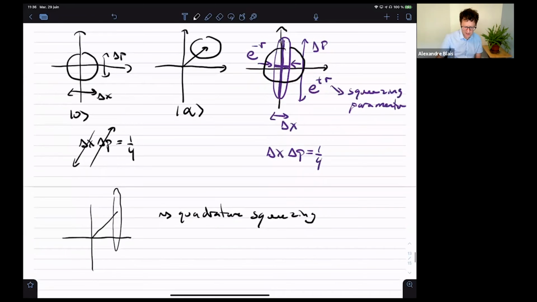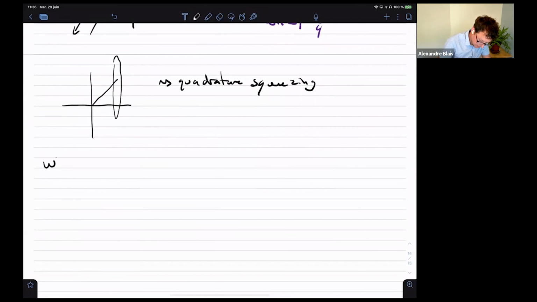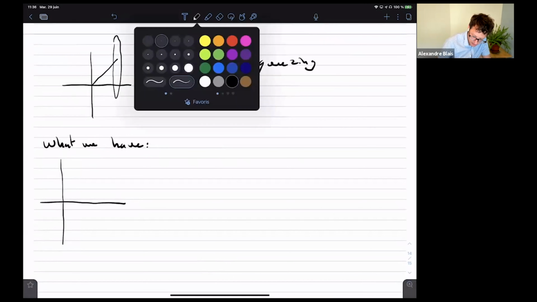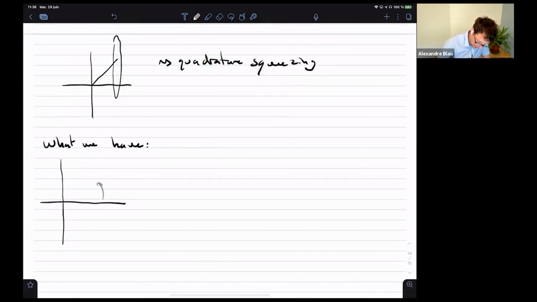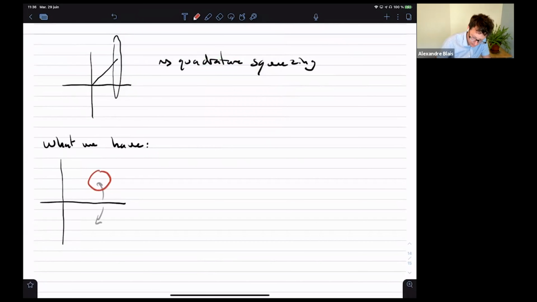So how could we think that squeezing could help? What I have is the two blobs, which are rotating in phase space, and the two blobs are here or there.